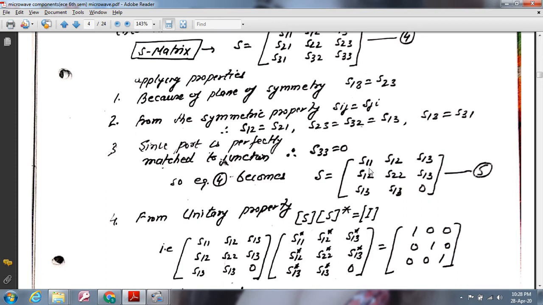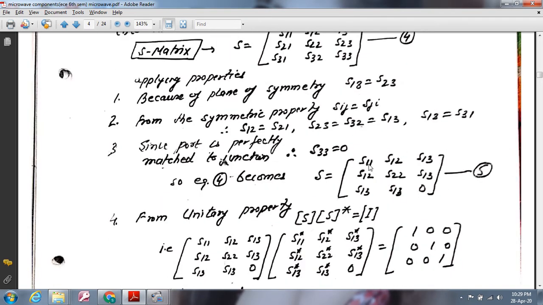Now we see from here that in equation number 4 we have 9 unknown S parameters, but in equation number 5 there are 1, 2, 3 and 4 unknown parameters. So it is easier to evaluate 4 unknown parameters instead of evaluating 9 different parameters.